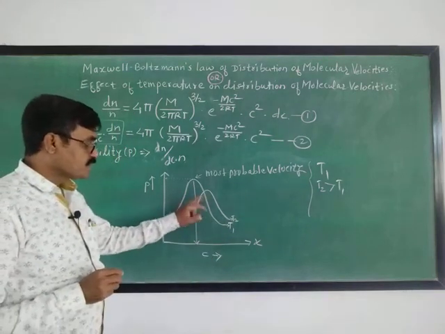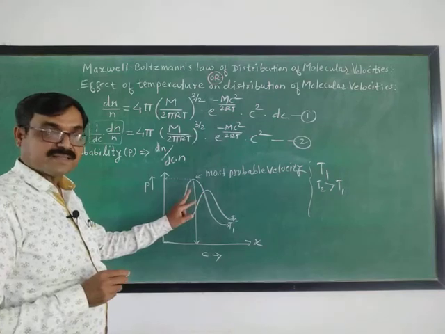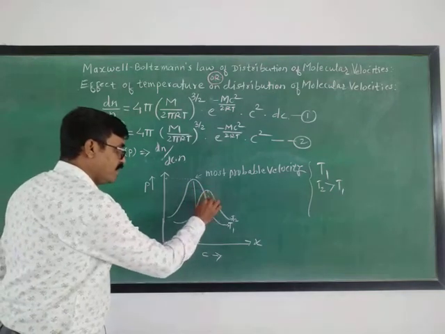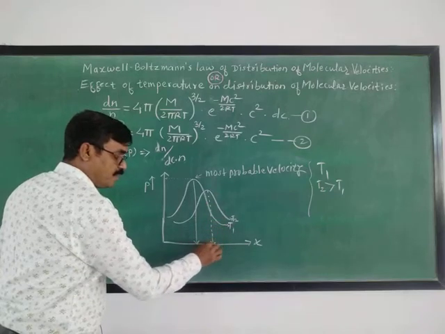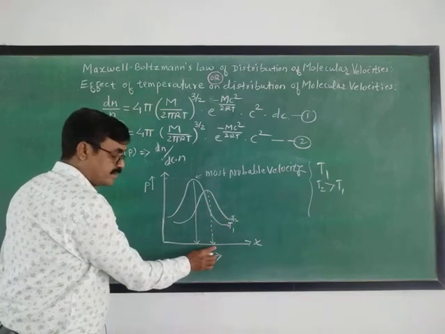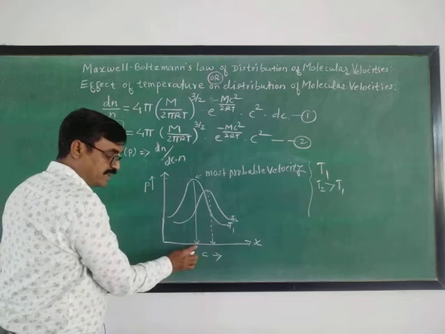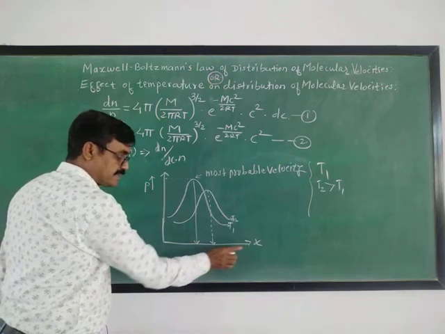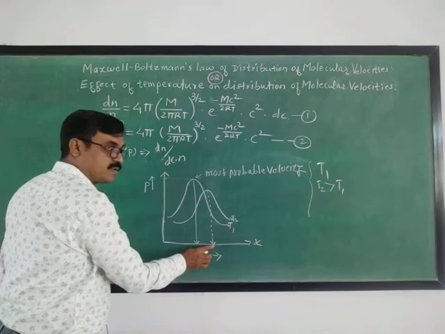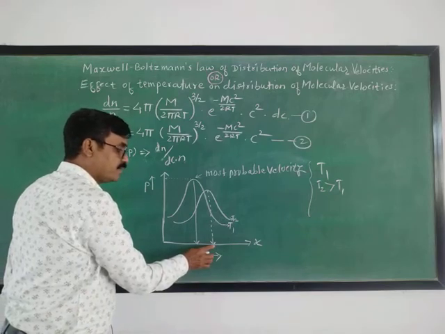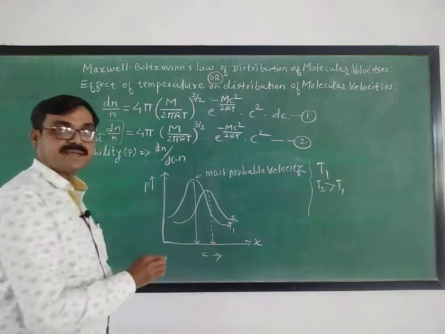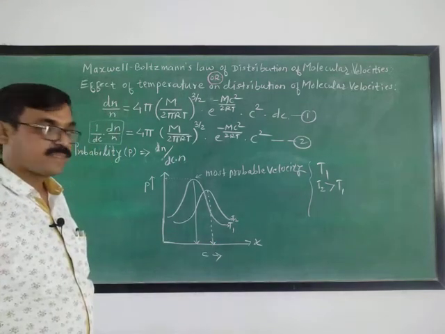Now, from these two curves, it is clear that as the temperature increases, the value of most probable velocity goes on increasing. At temperature T1 it will be here, but here there is an increase on the axis. That's why the value of most probable velocity goes on increasing as the temperature increases.